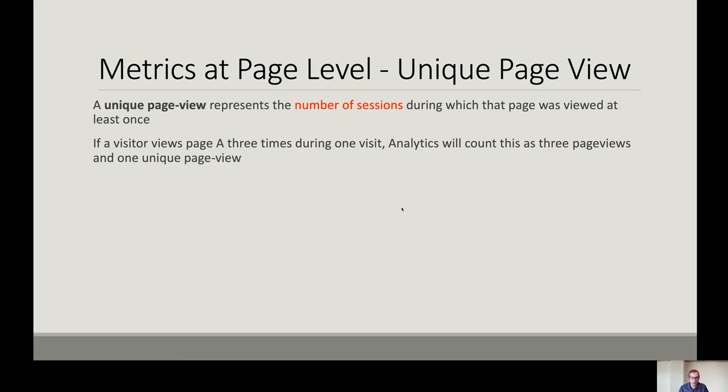So the uniqueness of the page view depends upon a particular session. If you visit that particular page multiple times in a given session, the unique page view count is incremented by only one, okay? But the page view count can be incremented multiple times during a session.